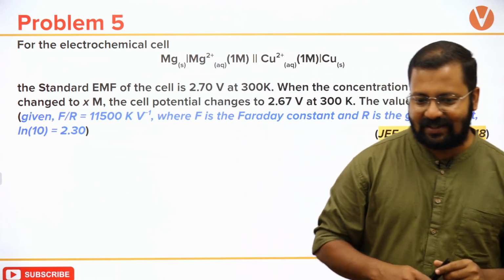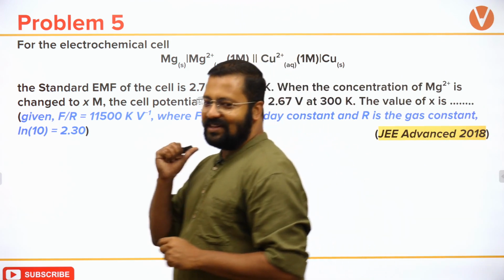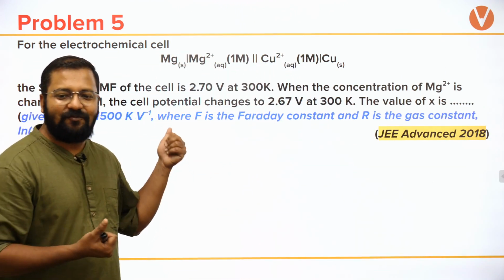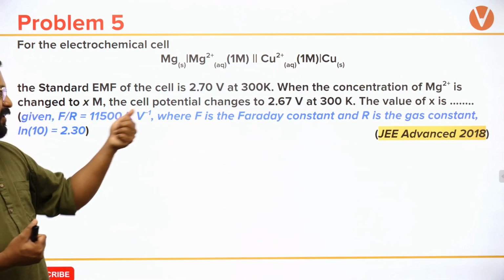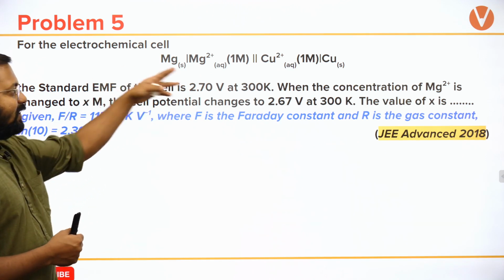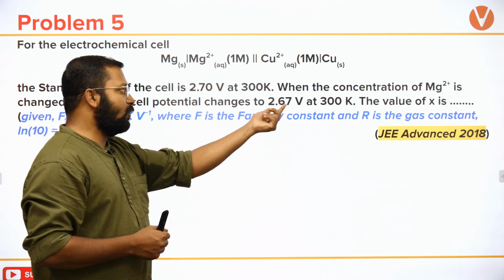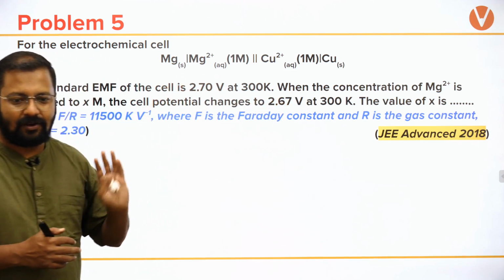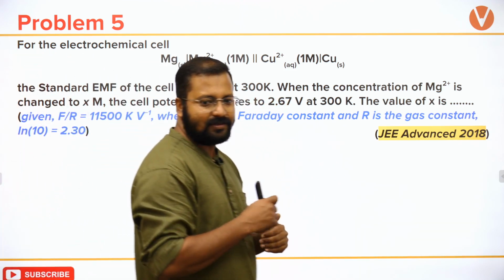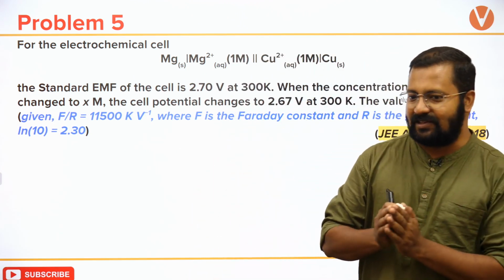The value of x is? This is a JEE Advanced question, but very, very easy because you are just given the concentration change, the standard value and the changed value.